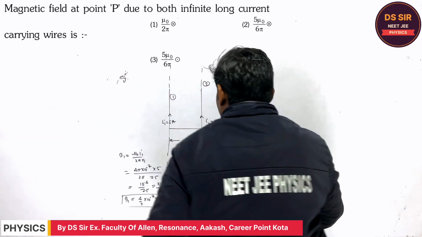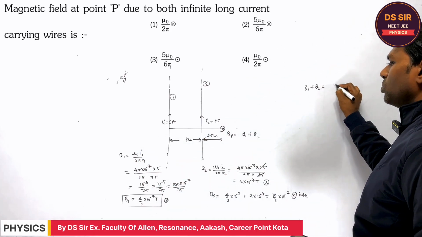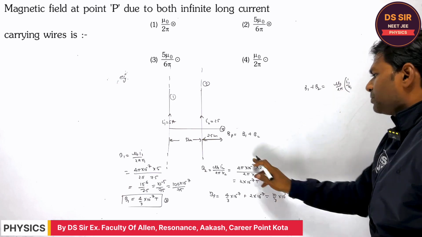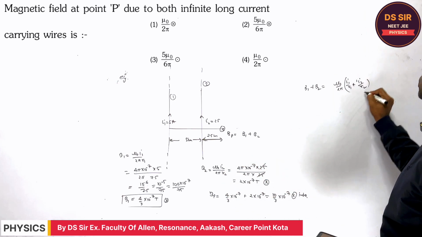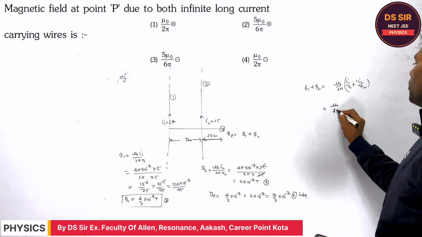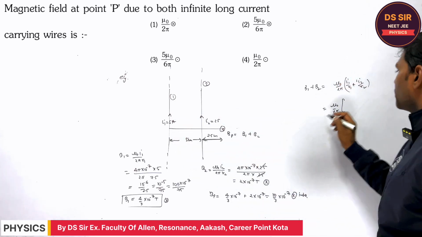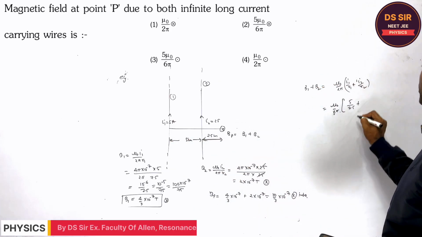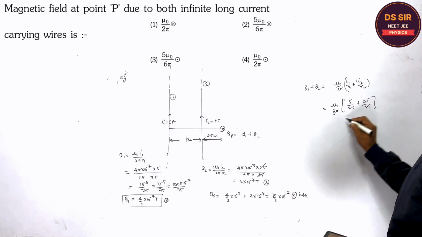So listen, B1 plus B2 is equal to mu naught upon 2 pi times I1 upon R1 plus I2 upon R2. I1 is 5, R1 is 7.5, I2 is 2.5 and R2 is 2.5.